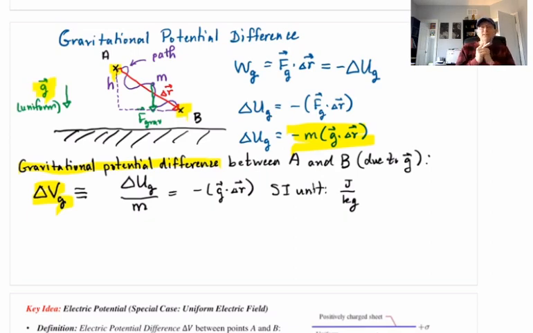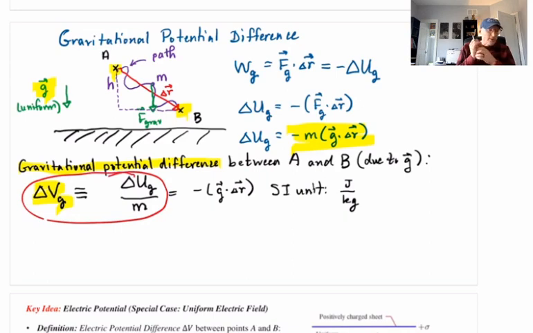And if we know what the delta Vg is between the 2 points A and B, then if you come along with your favorite pet particle with mass m, and you want to move the mass m between A and B, it's easy to figure out how much its gravitational potential energy is going to change. That'd be the delta U part. Just multiply the delta V part by m, and you'll get delta U. I'm basing that on this relationship right here.